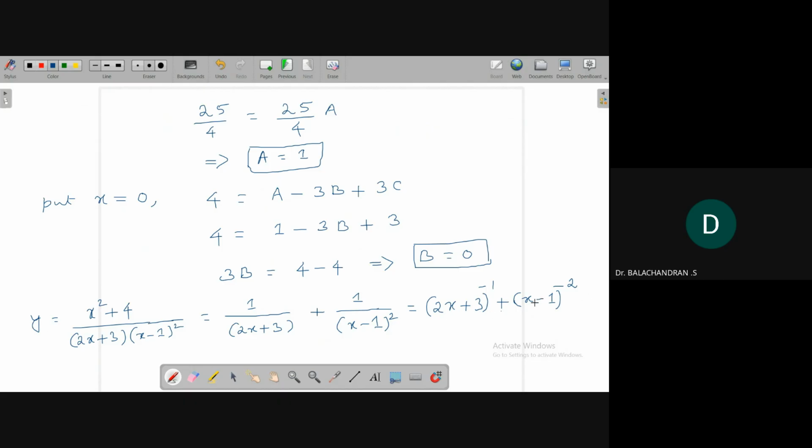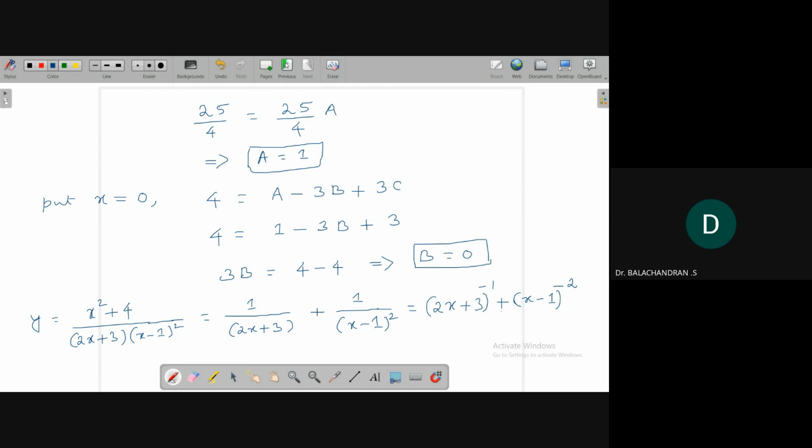Now afterwards you can directly apply the nth derivative for this function and the nth derivative for this function, so that you can do as we did in the previous method. That's why I'm not continuing here. So we will check it. Y is equal to (2x plus 3) whole power minus 1, please note down, and plus (x minus 1) whole power minus 2.